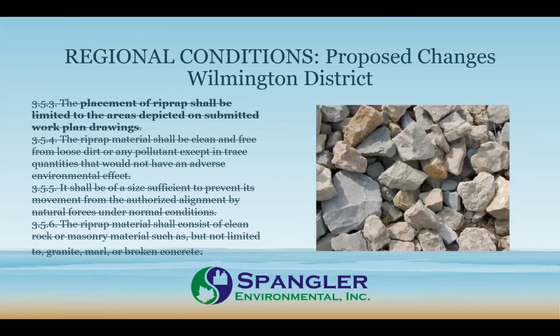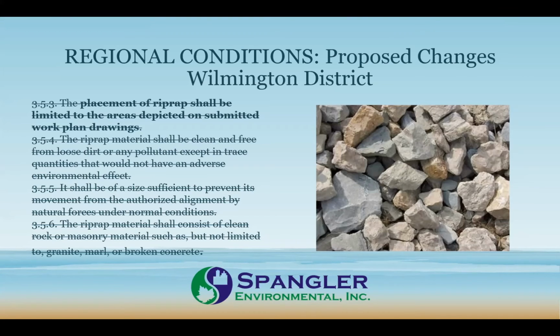So I've got quite a bit of text in here with the strike through it. This proposed change removed a lot of the specifics with regard to the placement of riprap, and the bold here is mine. And again, I'm not going to read through each of those items, but all of those were removed from that section of the regional conditions.